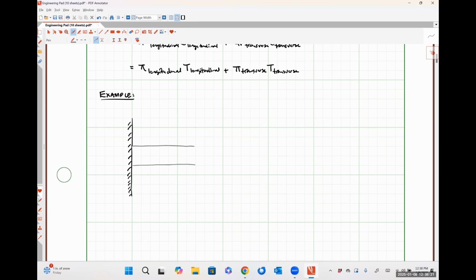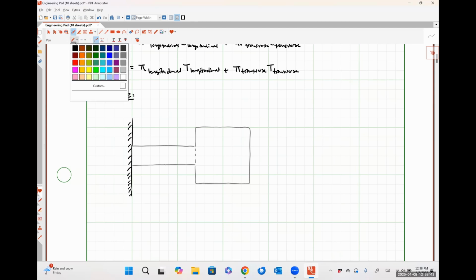And then there's going to be a proof mass attached to the end of that beam, which will be undergoing some force. Okay. So here is our microstructure.